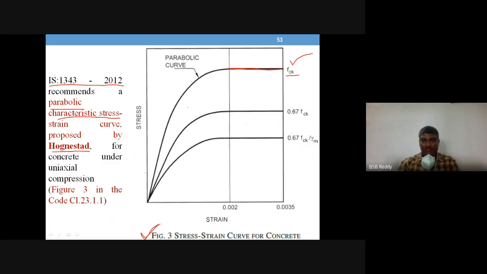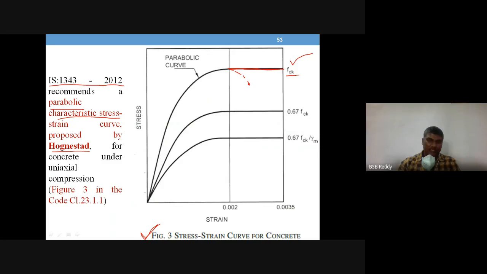If you take a specimen and apply compressive stress, you can observe such a curve, but as I said, once it reaches peak, the real curve will be something like this. So we will have an idealized curve, something like this. Okay, non-linear and then linear, right?